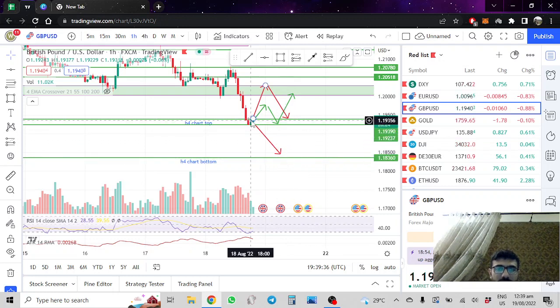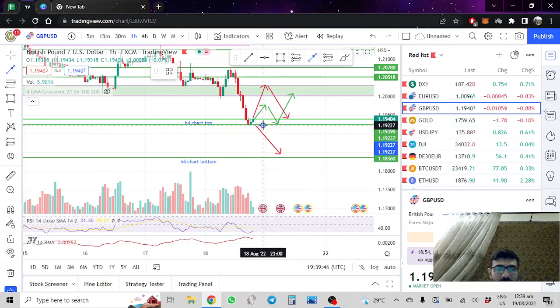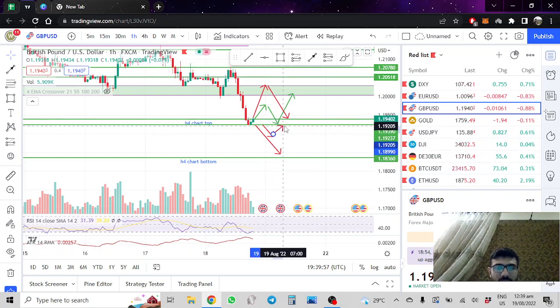Or if you are a cautious trader, then maybe you can go short on a retest from this area. How you can go short on a retest would be something like this: it goes down from here, then it goes up again, something like this, and then it closes short.